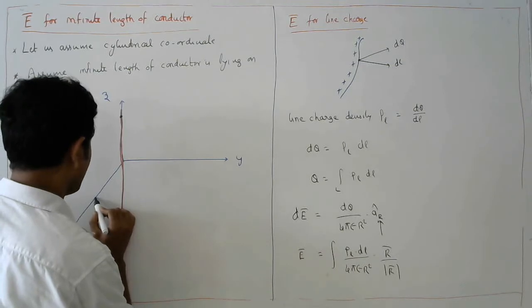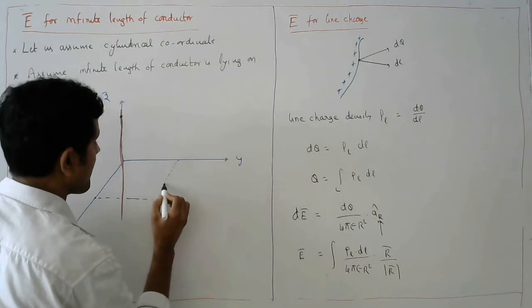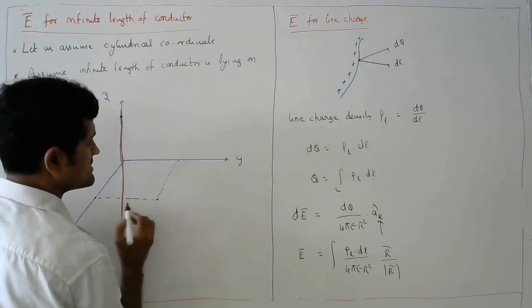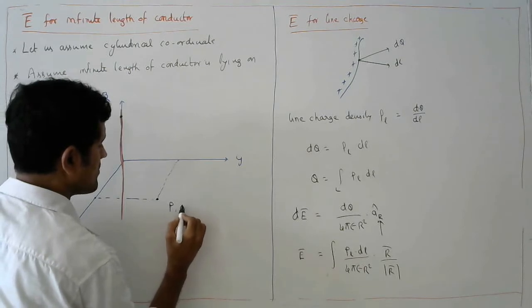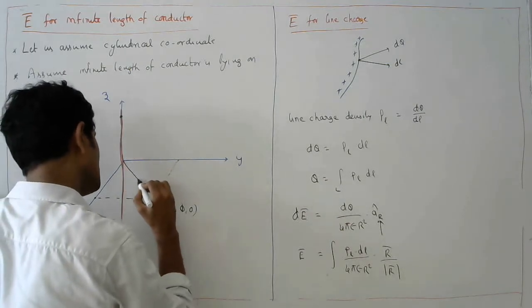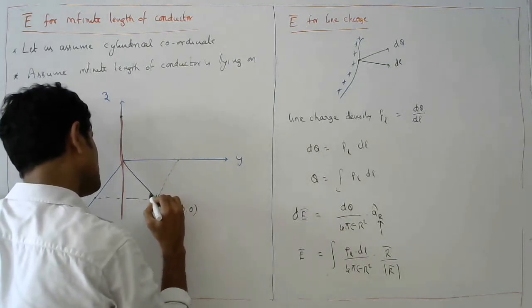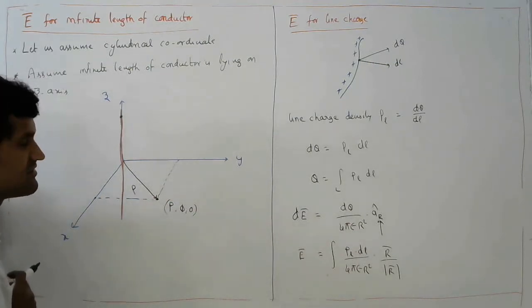See, I assume one point on the xy plane, on the rho phi plane, where the z value is 0. Electric field intensity doesn't fall along the z direction. From the origin to that point, the line represents the radius of the cylinder.